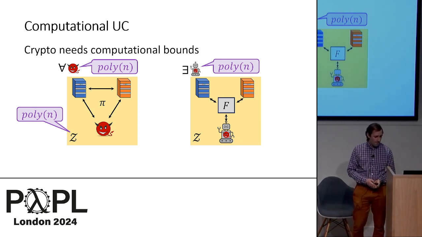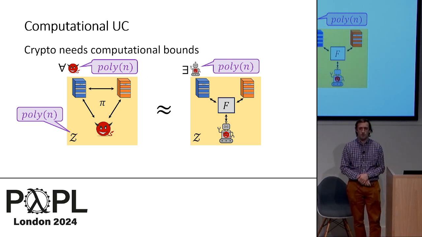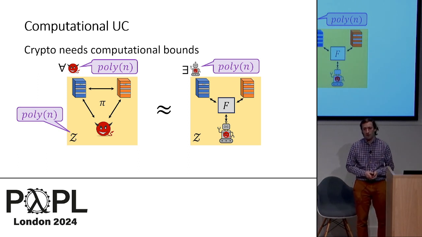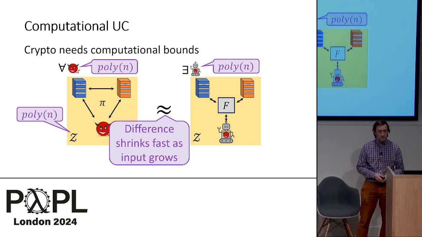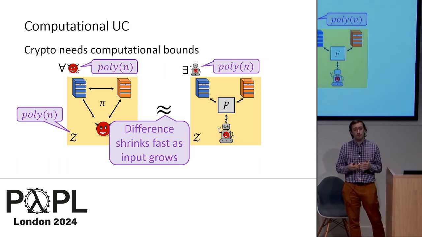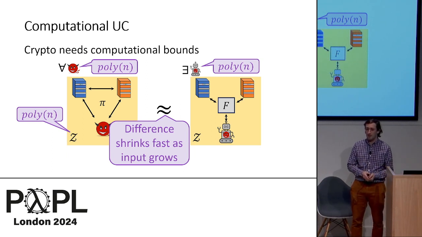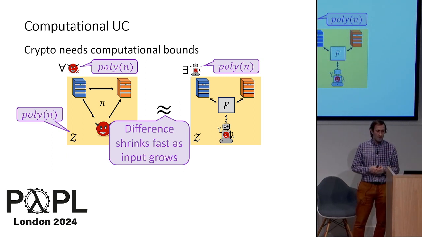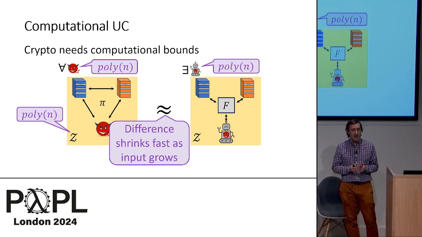And the last thing we can do is put a weaker notion of looking the same onto this, referred to as computational indistinguishability. This just says that they don't have to be exactly the same, but from the perspective of this computationally bounded environment, the difference between them, its ability to tell which side it's in, has to shrink really, really fast as the length of the input grows.